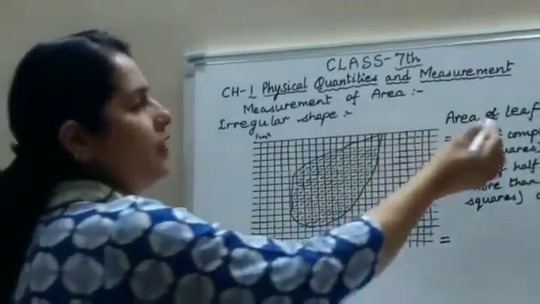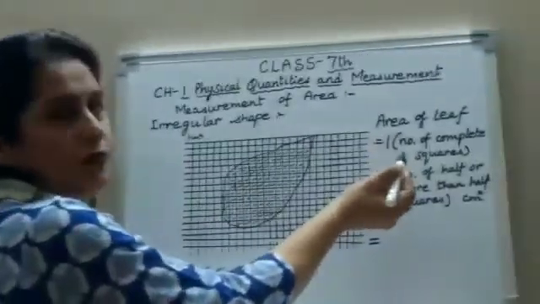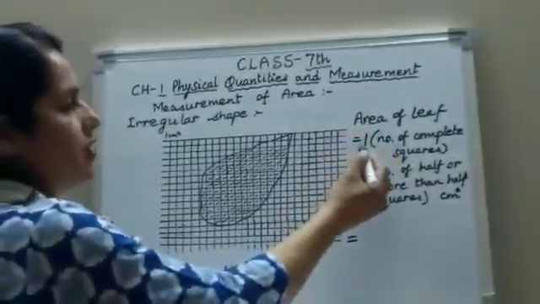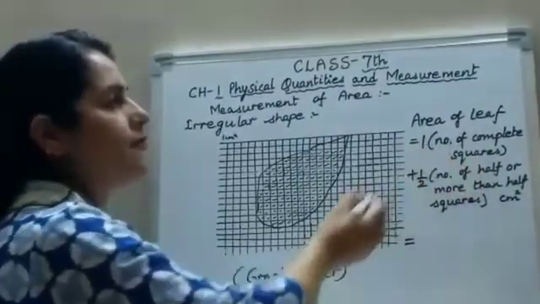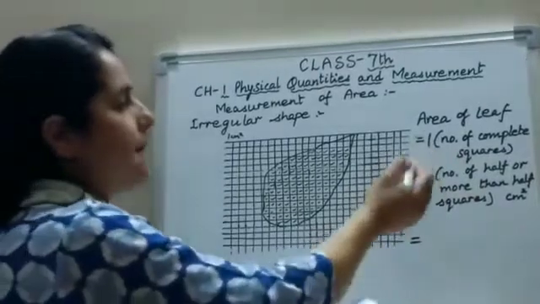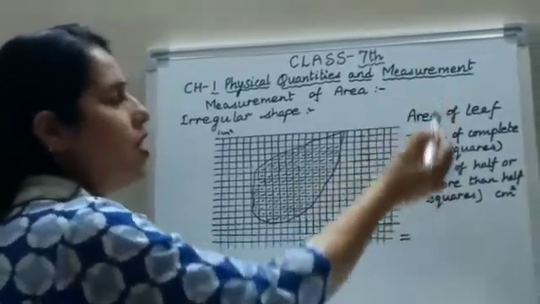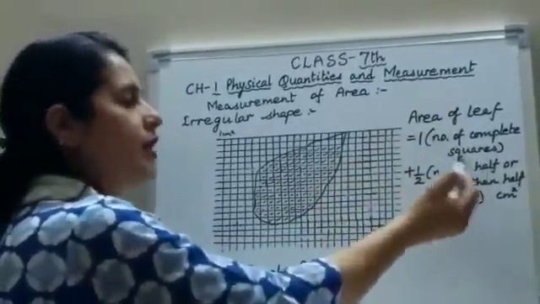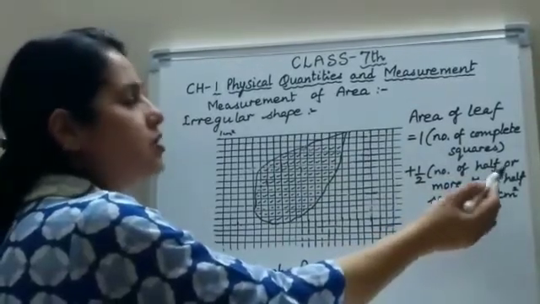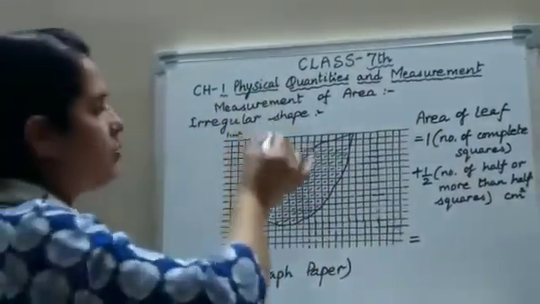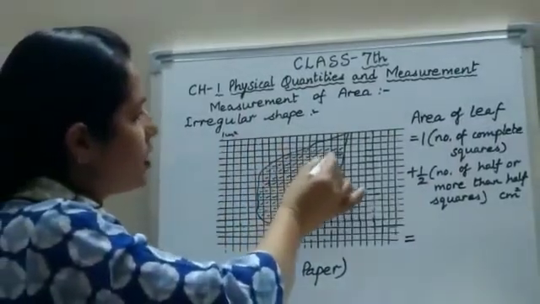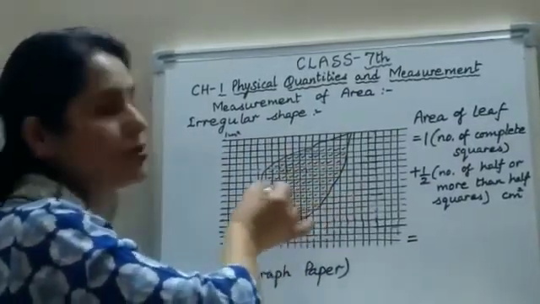Now the area of the leaf is given by this formula. Area of the leaf is equal to 1 multiplied by the number of complete squares plus half into the number of half or more than half squares, in square centimeter. You will first count the complete squares which this leaf encloses.